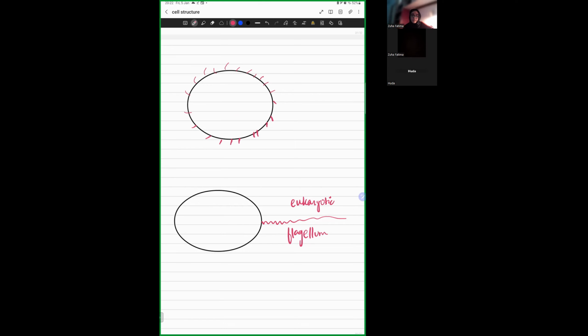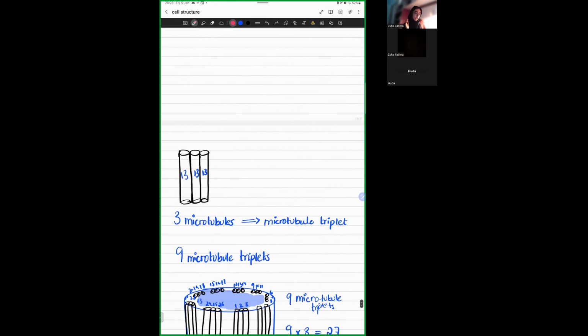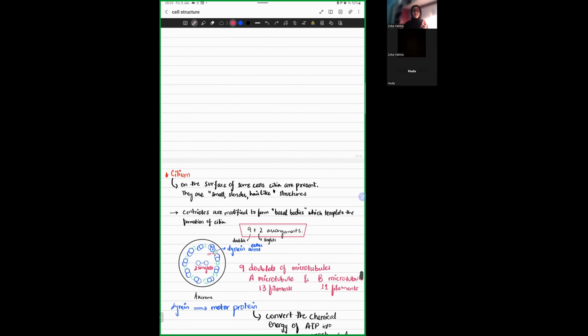So any cell which is moving, which is motile, and it is moving because of its flagellum, its tail-like protrusion, when they saw the cross-section of a eukaryotic flagellum, its arrangement was ditto same as this arrangement.